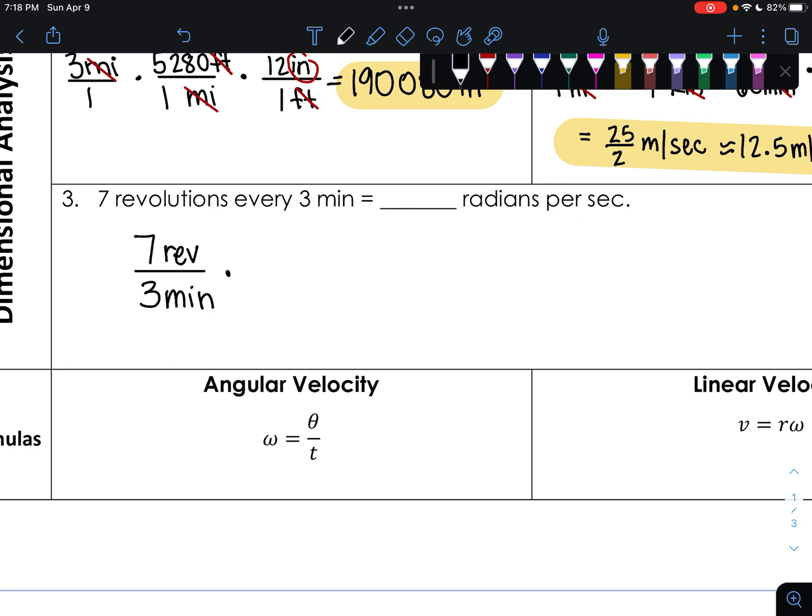I want to go to radians per second. Again, you get to decide which unit you want to get rid of first. So I'm going to get rid of the revolutions. So that means the revolutions need to go on bottom. So in 1 revolution, in radians, that is 2 pi.